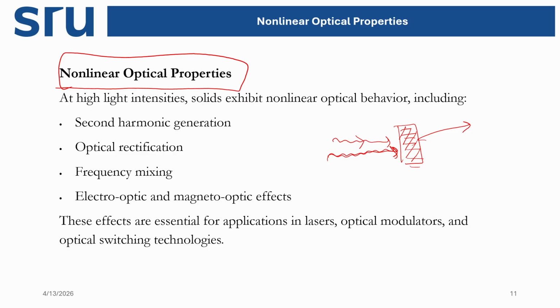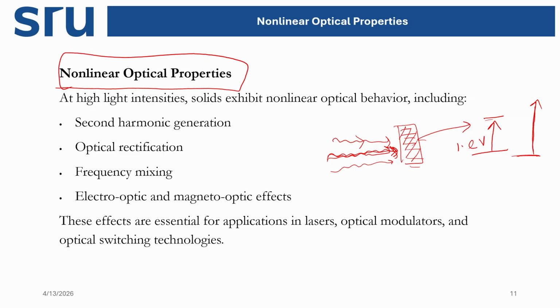For example, let's say we are providing a photon of some energy. That photon will interact with the electron, and an electron transition should take place. Let's say this is 1 electron volt, and the transition should take place. But when I use a little bit higher energy, it crosses that limit. When I make it double, the electron transition should happen at 2 electron volts.